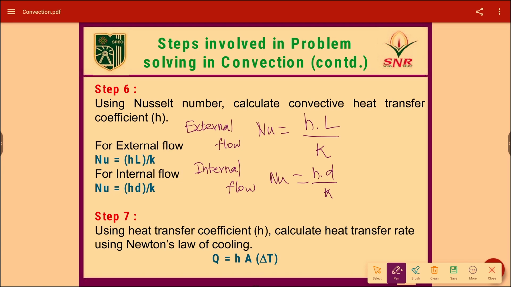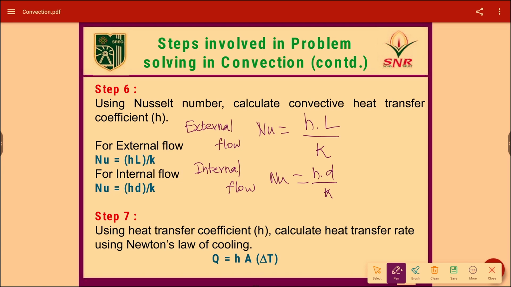For internal flow, D stands for the diameter of the tube or pipe, or otherwise the hydraulic diameter in case the flow happens in a non-circular section.